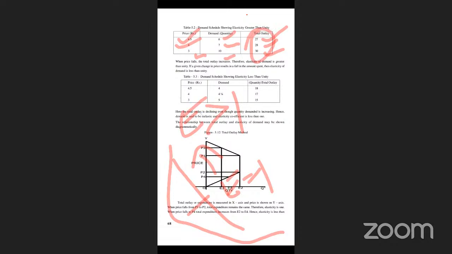In the previous example, the outlay remains 18 in both the cases, but here there is a change. And this change you can see is increasing from 27 to 28, then to 30. This denotes the elasticity is greater than unity. Unity is 1.